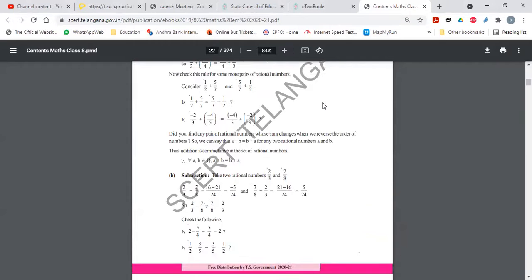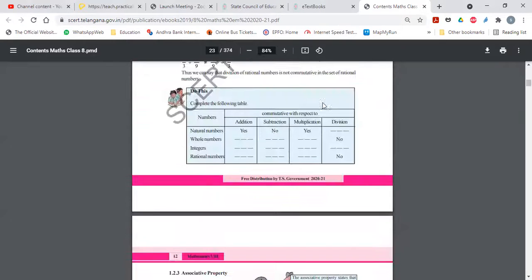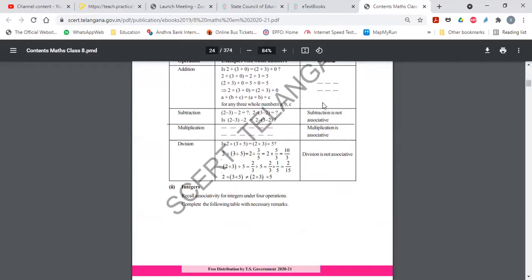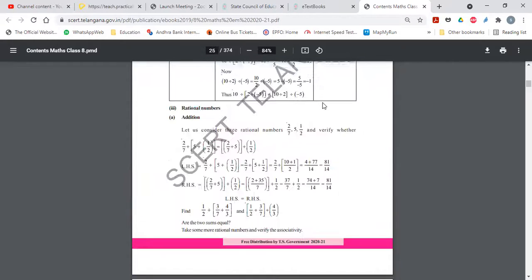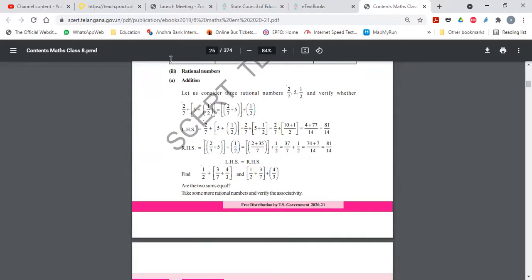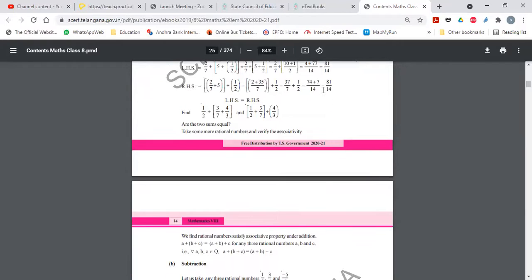Competitive, over, identity, over, predictions. Yes, sir. Yeah, identity properties are over, right?